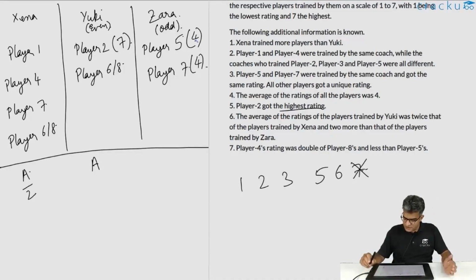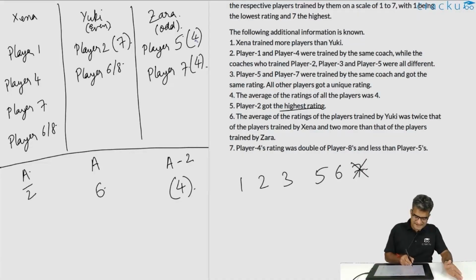And this is also 2 more than the average of the players trained by Zara, so Zara's average will be A minus 2. But we already know the average of the 2 people trained by Zara. Both of them got 4 each, so this is equal to 4. So the average rating of the people trained by Yuki will be 6 and the average rating of the people trained by Zena will be 3.